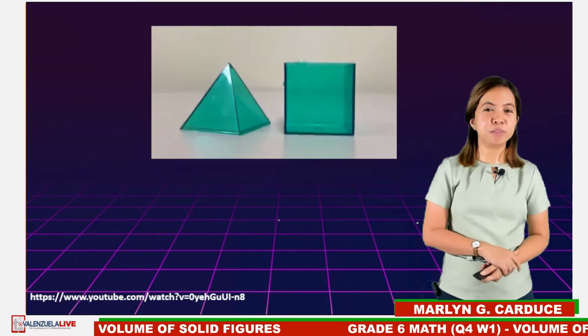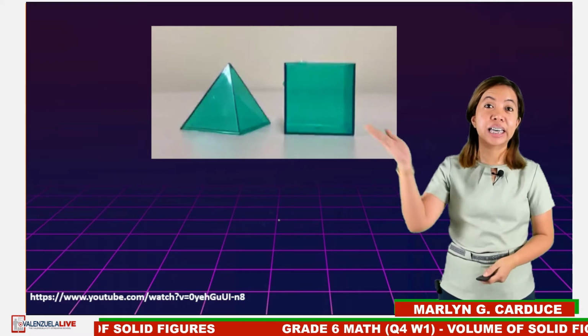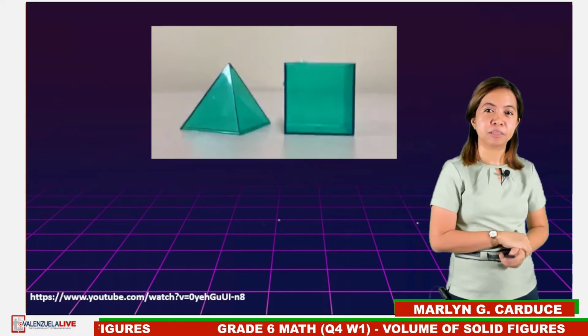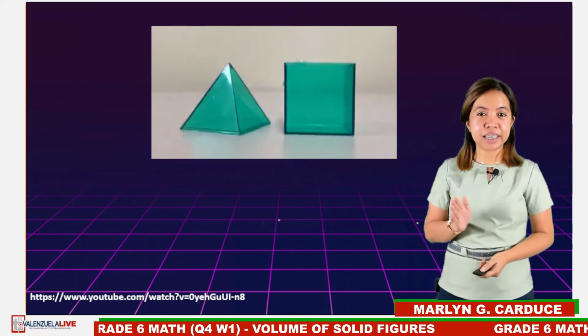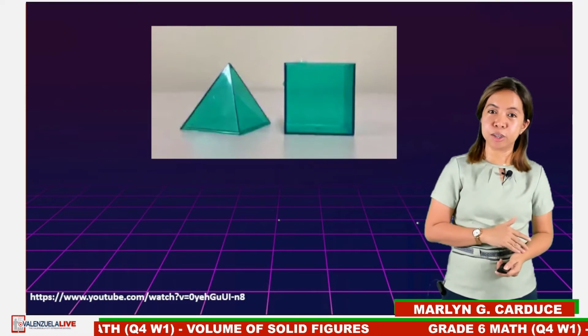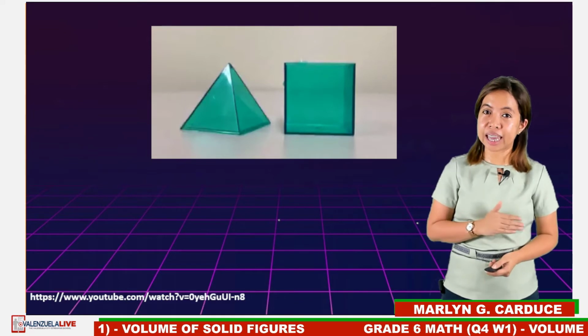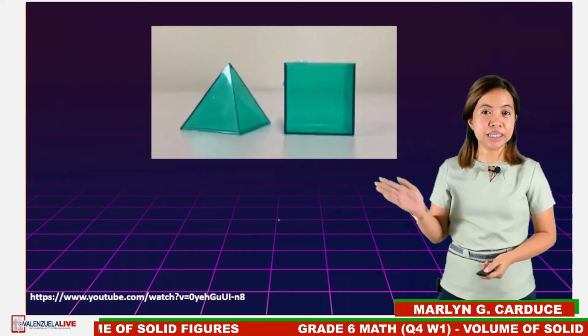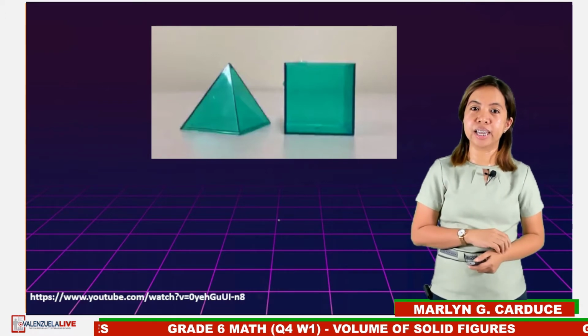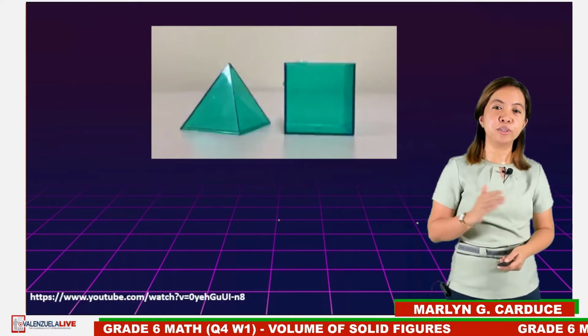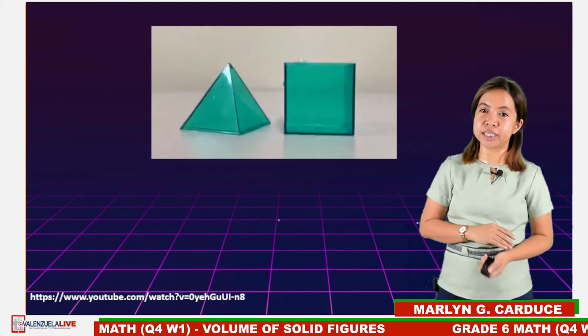Okay, so what have you observed, class, in the video? Yes, the pyramid and the cube in the video have the same base and height. And based on the video, it takes 3 pyramid containers that are filled with water to fill the cube container.